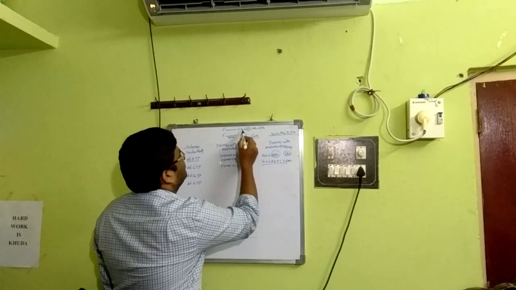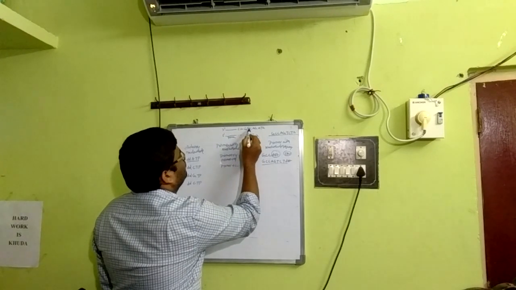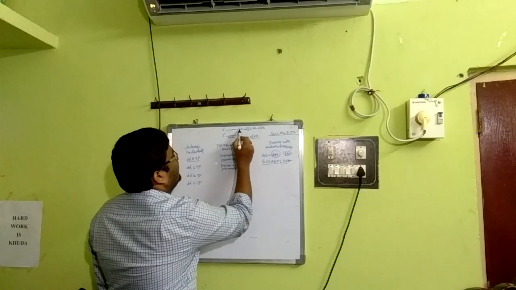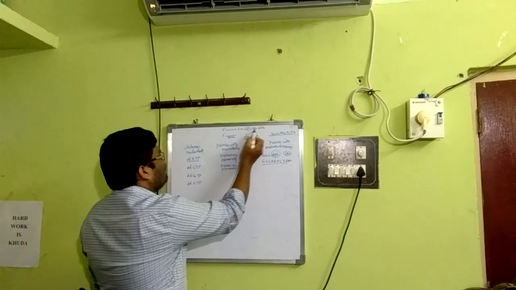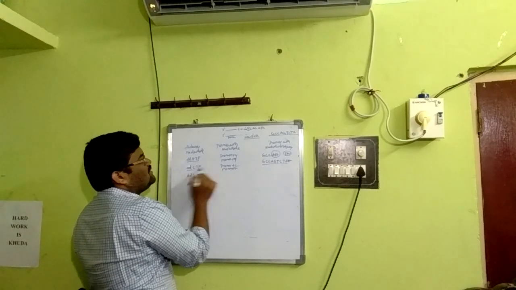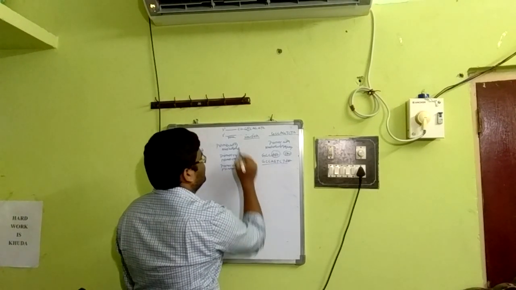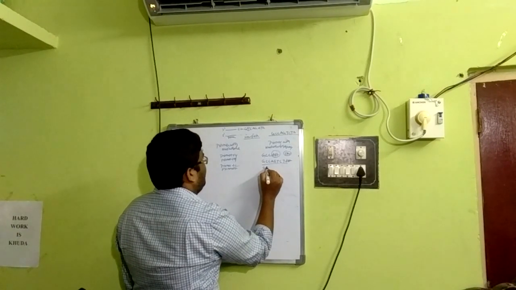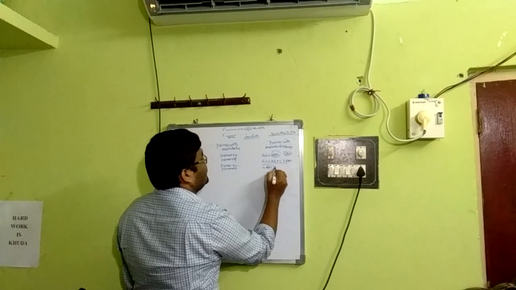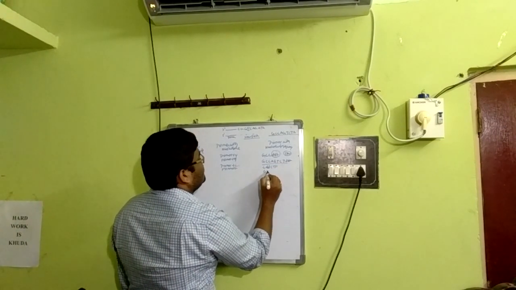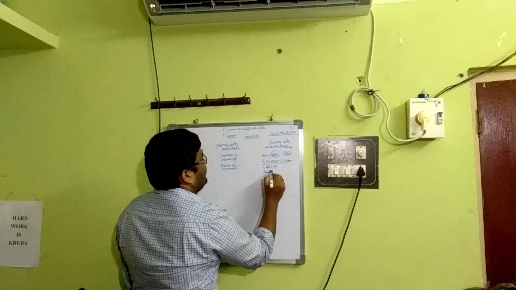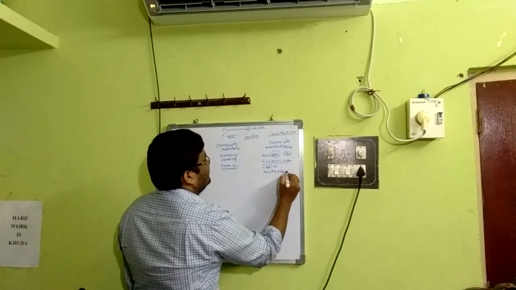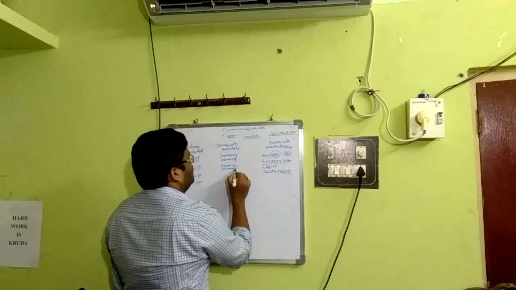The opposite will be 1, 2, 3, 4, 5, 6, 7, primer plus 7, because at the 7th position G will be there. The complementary to G will be C, but here it is ddCTP. That's why primer plus 7. The corresponding sequence will be simply C and ddCTP, whereas here it is G, C, C, A, G, T, and ddATP. This is very important.